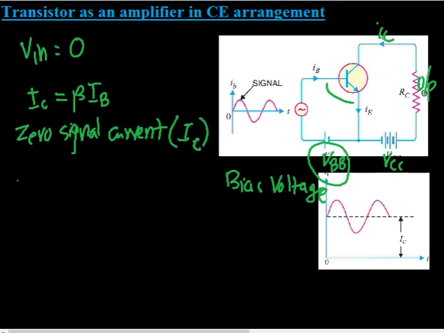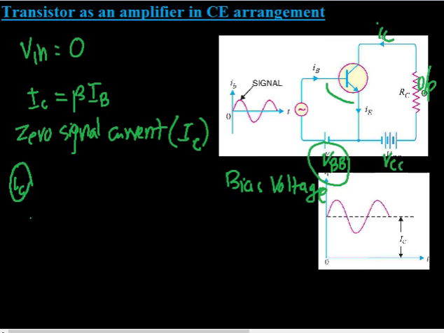Now when the signal is applied, there is a current which flows through the collector due to the signal alone, which is purely an AC signal. So it is represented by the small letter ic.